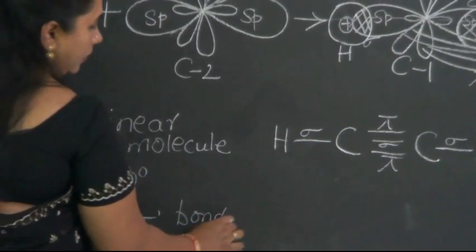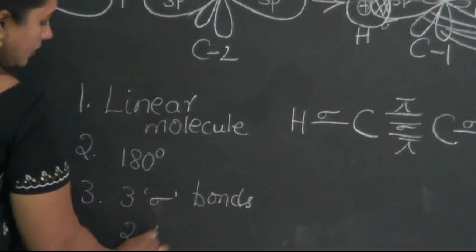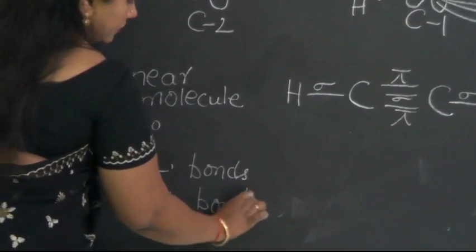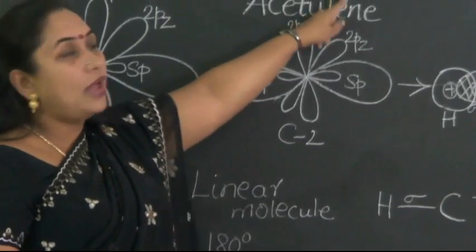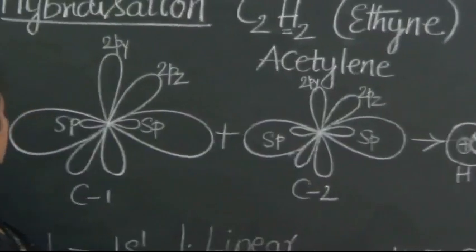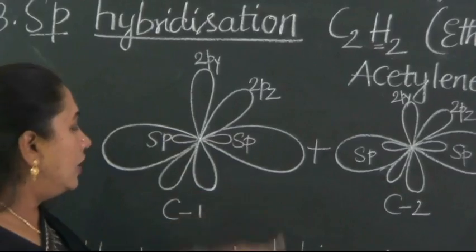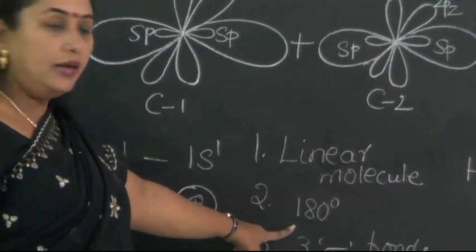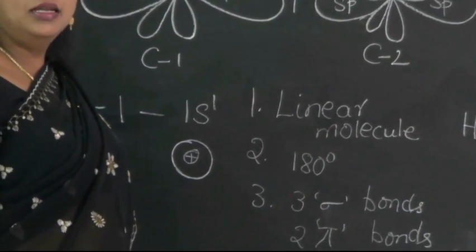And how many pi bonds? 1 and 2. So this contains 2 pi bonds. So this is how we have the formation of the ethyne or acetylene molecule which has undergone sp hybridization, resulting in the formation of a linear molecule maintaining a bond angle of 180 degrees and having 3 sigma bonds and 2 pi bonds in its molecule.